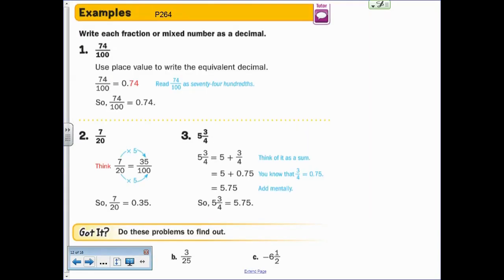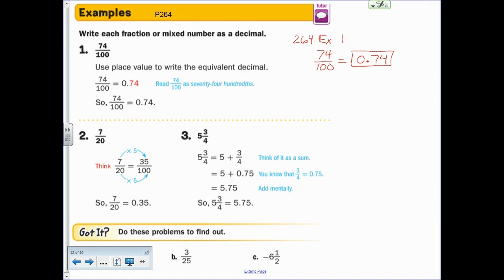It says write each fraction or mixed numbers as a decimal. This is 264, example 1, and yes, please write it down. 74 over 100 is equal to 0.74, 74 hundredths. They are the same thing.